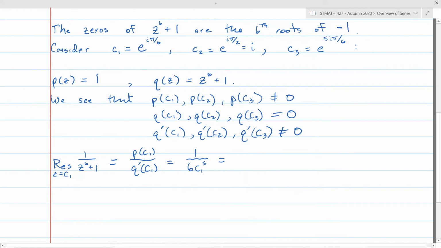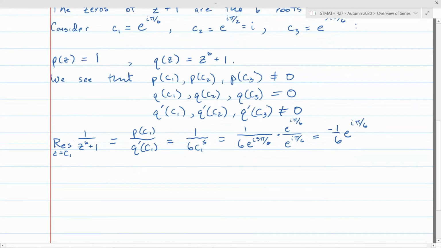That'd be 1 over 6 times e to the i times 5 pi over 6. If we multiply this by e to the i pi over 6 over e to the i pi over 6, then in the denominator you would get e to the i pi, which is negative 1. So this would be negative 1/6 times e to the i pi over 6. That'd be an easier way to look at that.